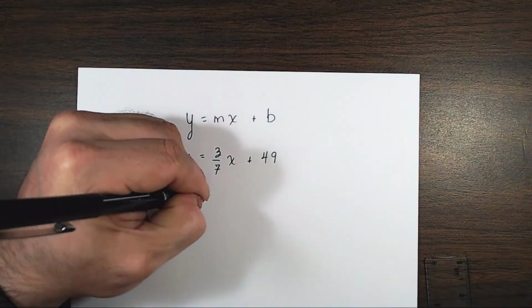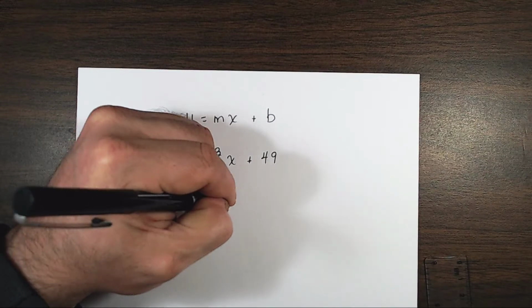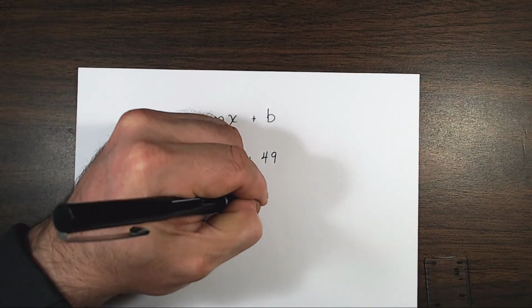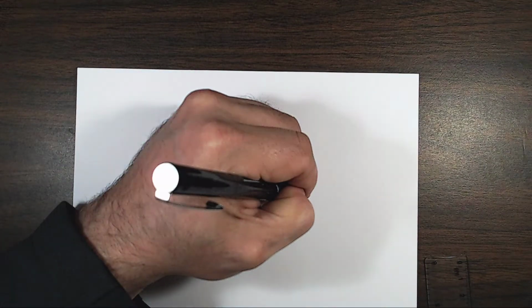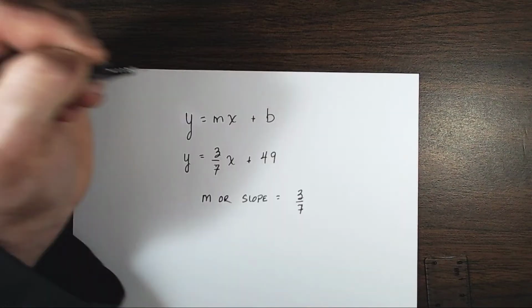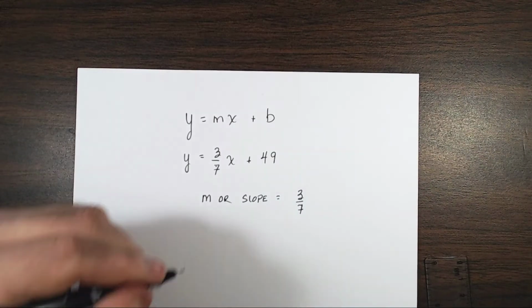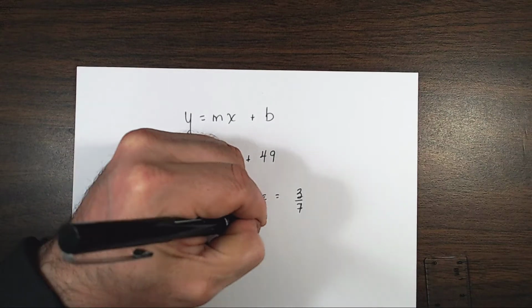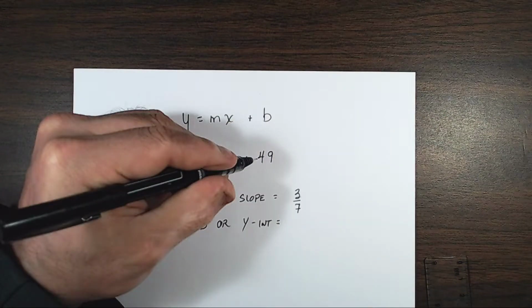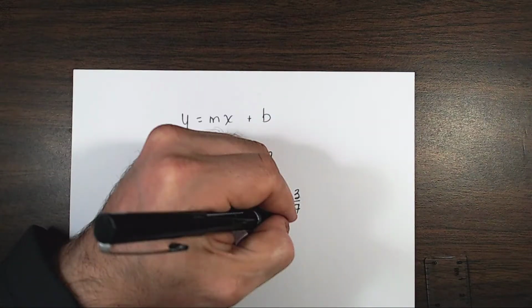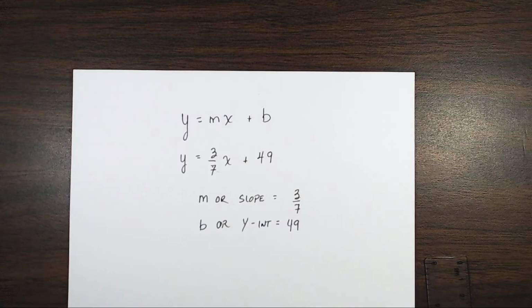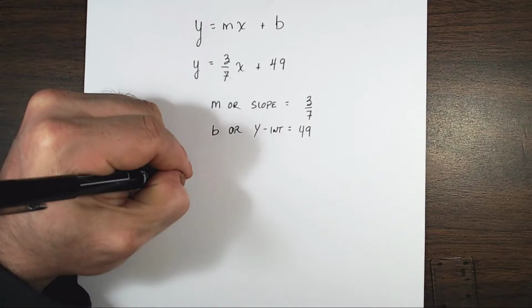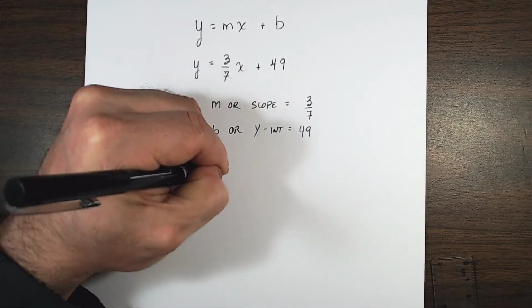m, or slope, equals 3/7. Okay, and b, or y-intercept, equals 49, positive 49. What if I had said y equals 2x minus 2?